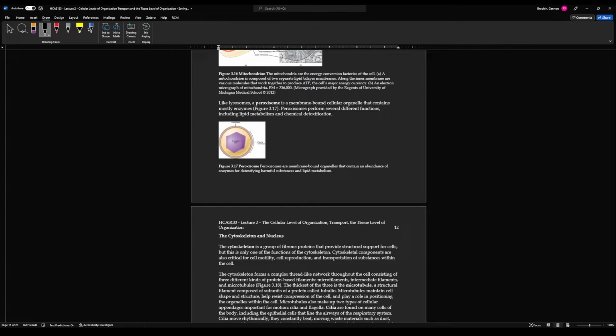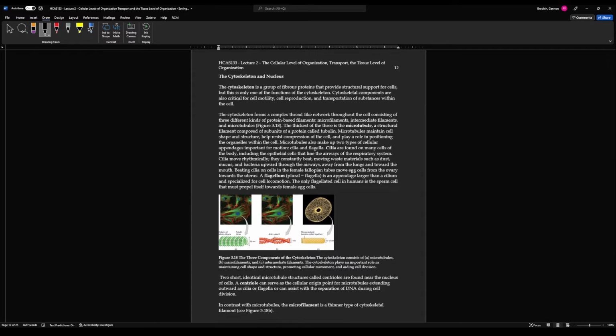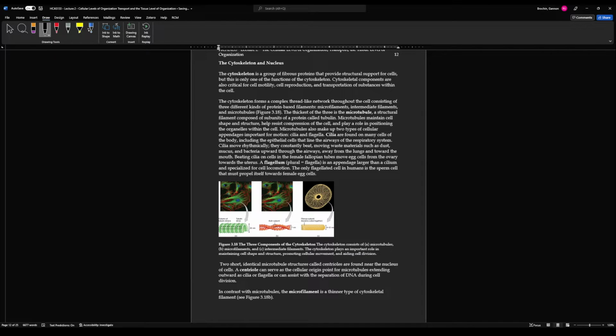You'll see lysosomes and peroxisomes mentioned. We've pretty much already talked about these. They're involved in metabolism and breaking down other substances. Now, the cytoskeleton. I mentioned how in like phagocytosis, the membrane can become distorted and wrap itself around different things. And part of that is the cytoskeleton proteins.